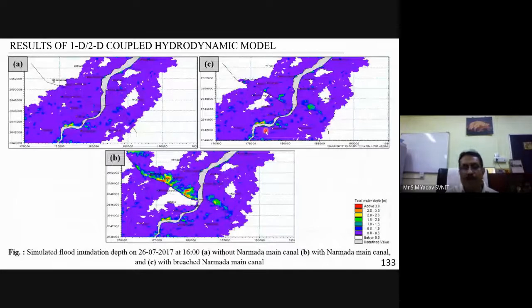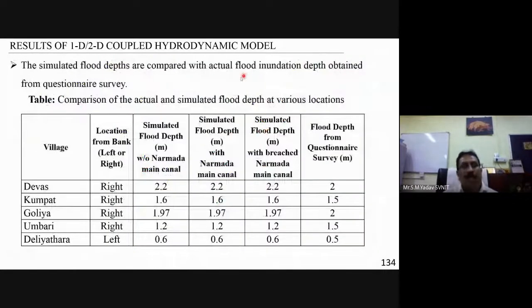After 26/7/2017, 4 p.m. So this is the comparison of the actual and simulated depth at various locations. From the flood survey depth, these are the villages on the right bank, and the simulated flood depth there.